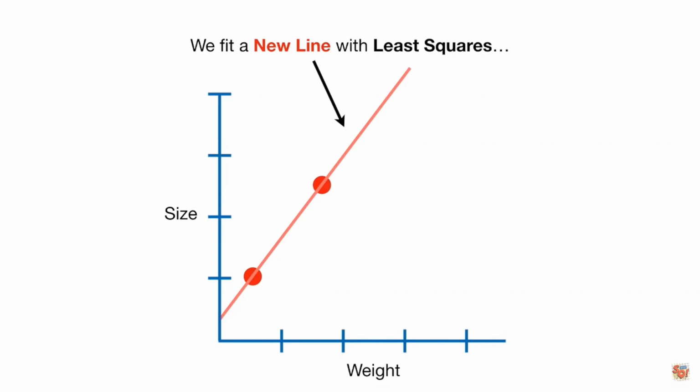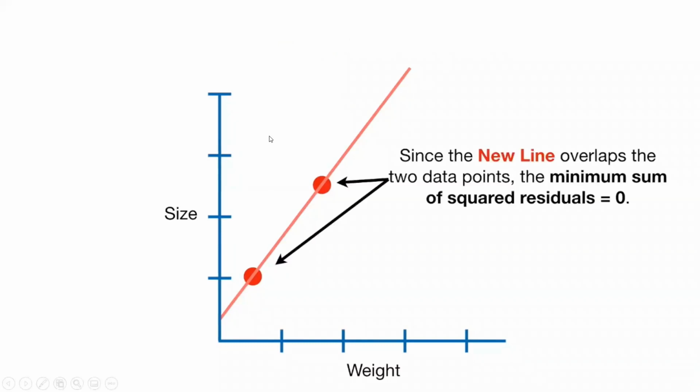Okay, so we find a new line with least squares. Now, since the new line overlaps the two data points, the minimum square residual is 0. If we want to find the sum of squares, say this is x1, y1 and this is x2, y2, and these are your predicted points p1 and p2, then x1 equals p1 and x2 equals p2, so there is no difference.